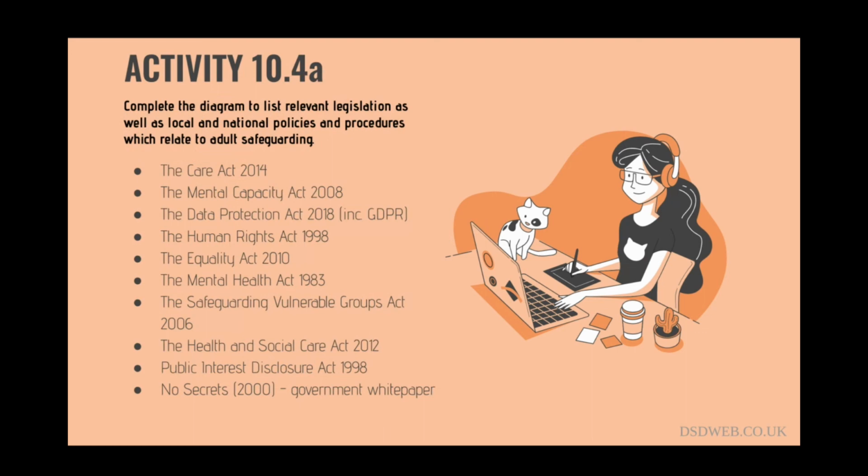Some options you may want to consider include the Care Act 2014, the Mental Capacity Act 2005, the Data Protection Act 2018, including GDPR, the Human Rights Act 1998, the Equality Act 2010, the Mental Health Act 1983, the Safeguarding Vulnerable Groups Act 2006, the Health and Social Care Act 2012, Public Interest Disclosure Act 1998, No Secrets from 2000, which was a government white paper.